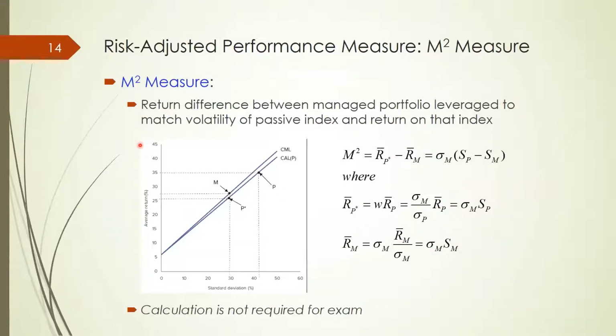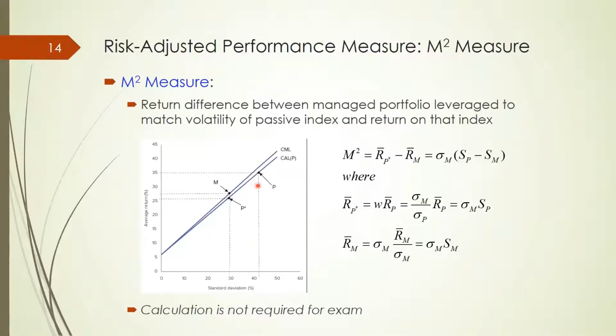Lastly, let me introduce the M2 measure. M2 refers to the difference of returns between the managed portfolio leveraged to match the volatility of a passive index such as the market. So it's easier to see from the charts. When we try to compare the performance of M, the market, versus portfolio P, one complication is P and M have different risk levels.